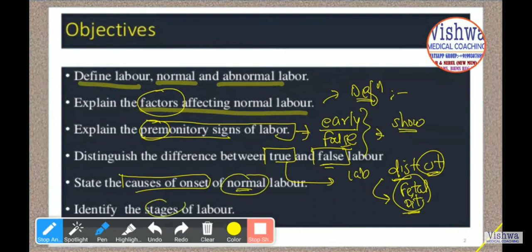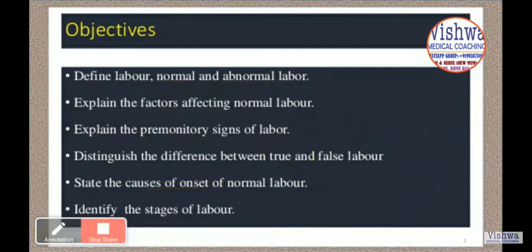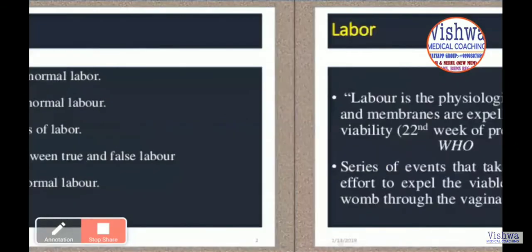And we are also going to learn about the stages of labor. This is one of the most basic topics. Before we understand the abnormal labors, we are going to discuss the normal labor, the stages of normal labor and the other topics. So this is another very important lecture.